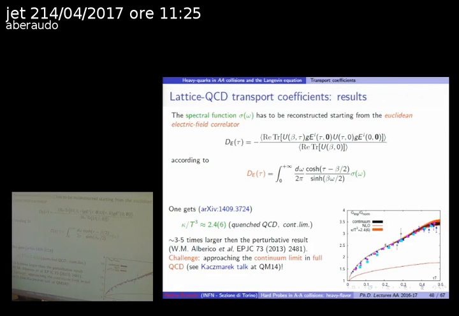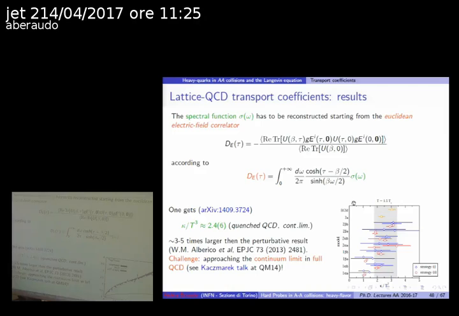But of course, here you introduce a systematic error, due to the fact that depending on the functional form that you take, you get different results. In any case, these are more or less the results that you get for kappa over T cubed. You get a number around 2.6, but with a quite large systematic error bar, with a quite large systematic band.